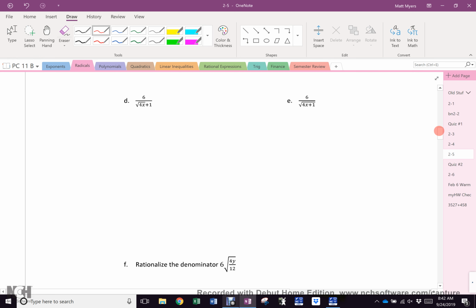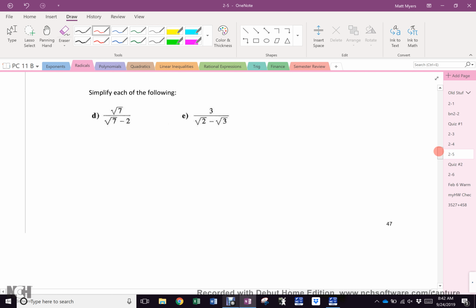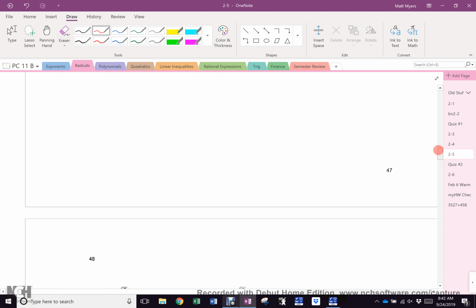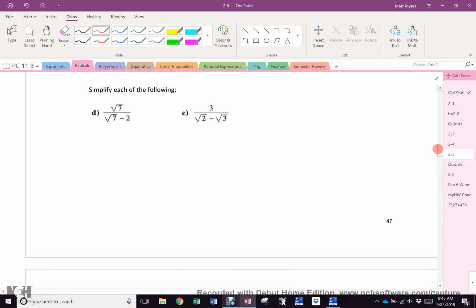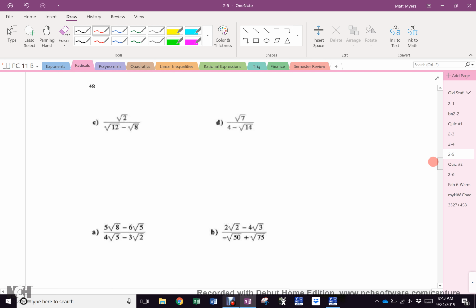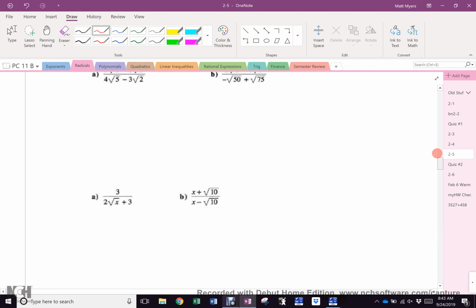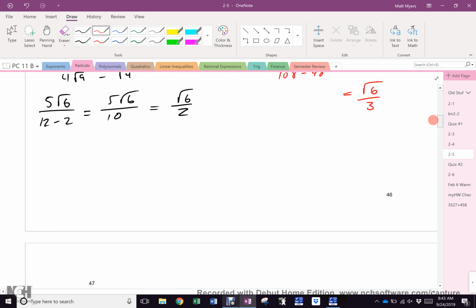So you all look closely at D right now. Because we are going to do page up to F on page 47. Then I'm going to shut up. Look at D and tell me what's different.